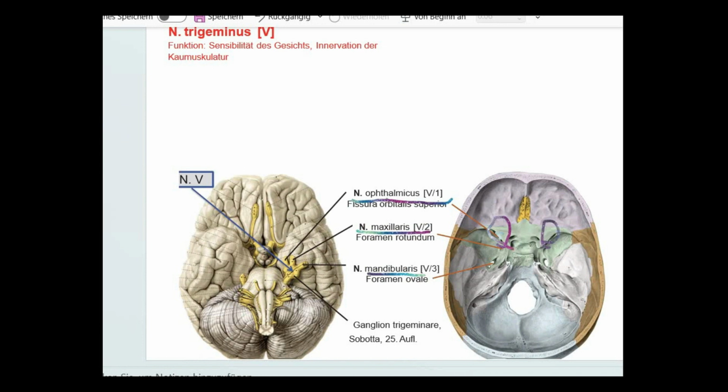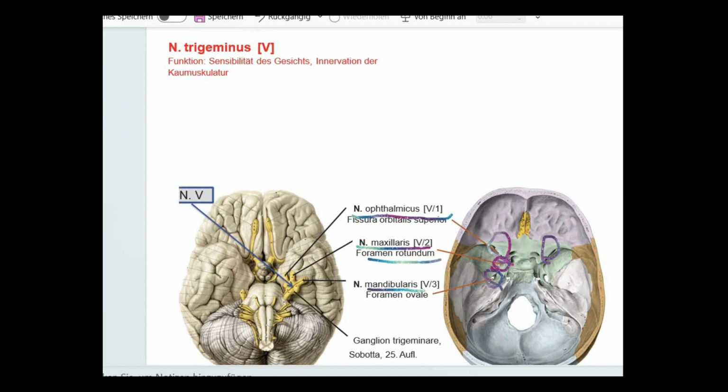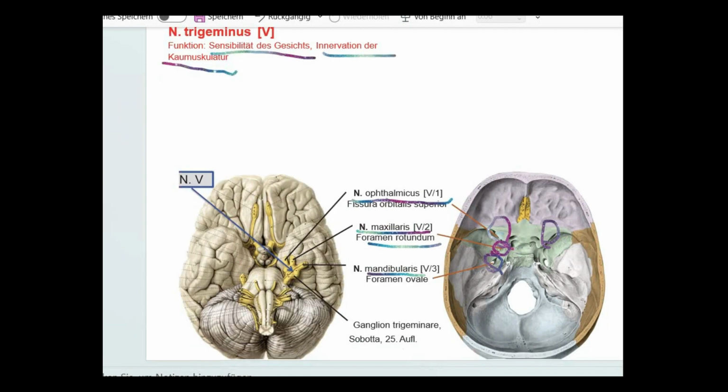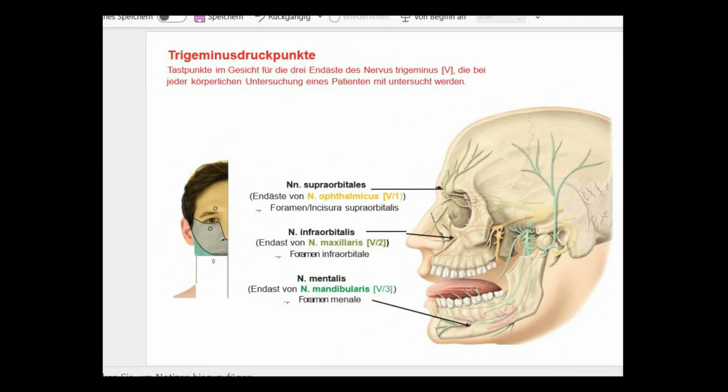The maxillary nerve goes mainly through the foramen rotundum, and the mandibular nerve mainly through the foramen ovale, which has different functions. But generally, one can say it provides sensitivity of the face and the innervation of the chewing muscles. These nerves have pressure points and touch points on the face.